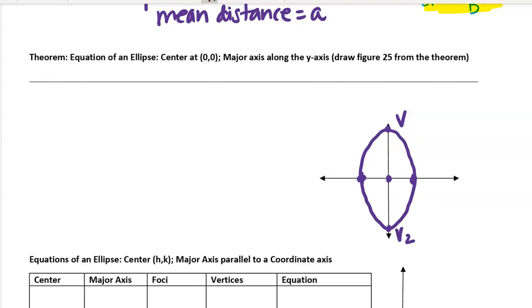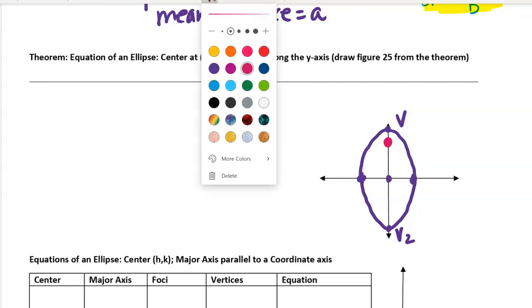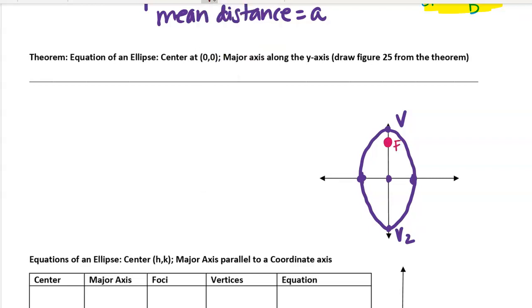Remember, the foci will always be along the major axis. So we will always have the foci along the vertices. Okay, same thing. We are going to fill in foci, ordered pairs, vertices, ordered pairs.